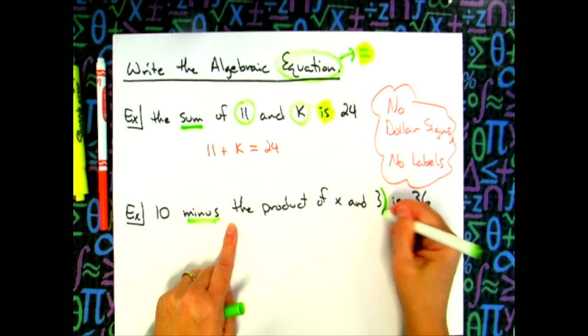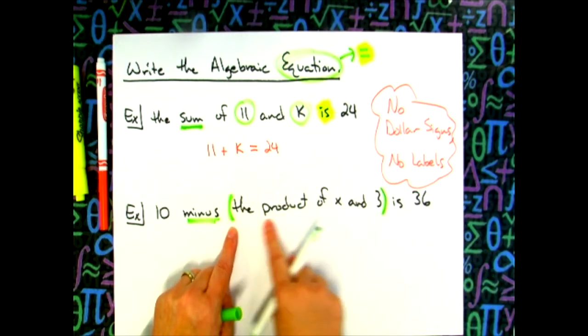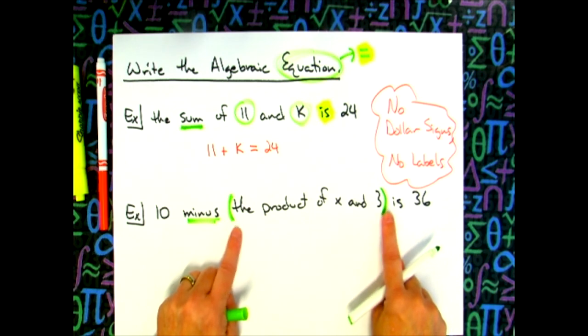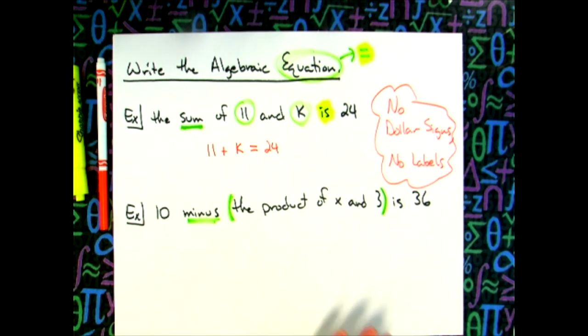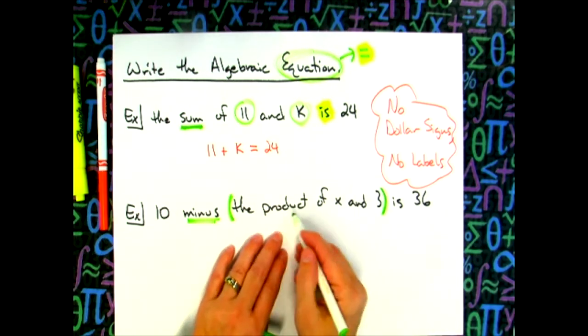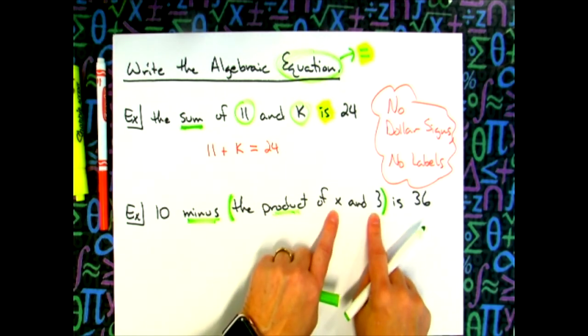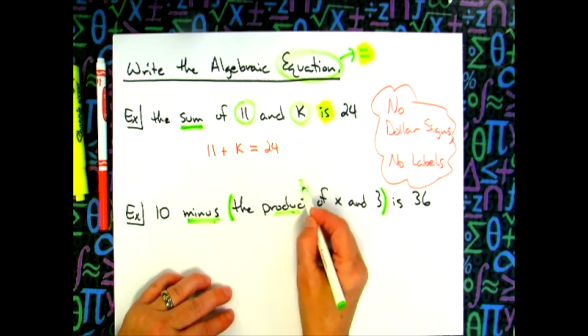You have to realize that that whole thing goes together, the product of x and 3. That's almost like our algebraic expression we did at the beginning. How do I show multiplying a number and a letter? 3x. The number has to go in front. So this part right here is just going to be a 3x.